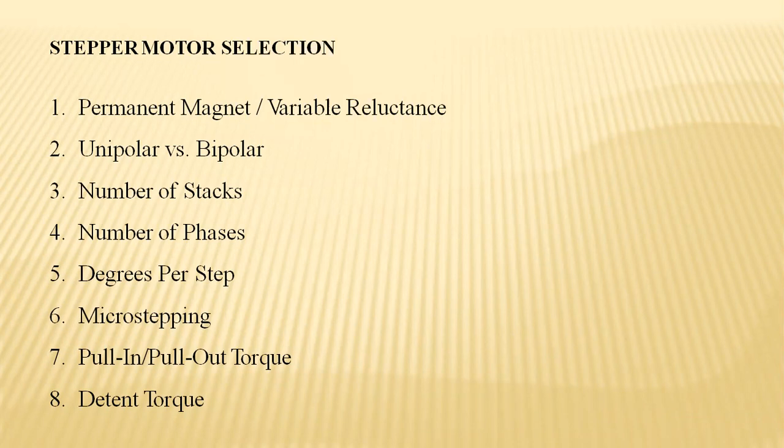Going to the number of stacks that need to be identified and how many number of phases the actions will be progressed. How many degrees per step? Nothing but 2 degrees for each and every step.